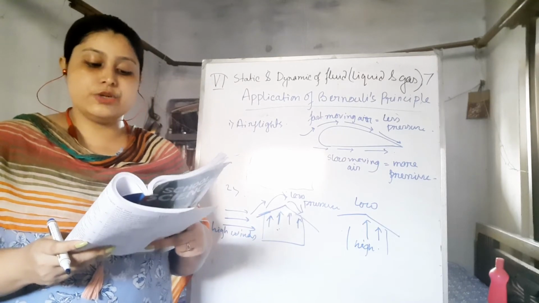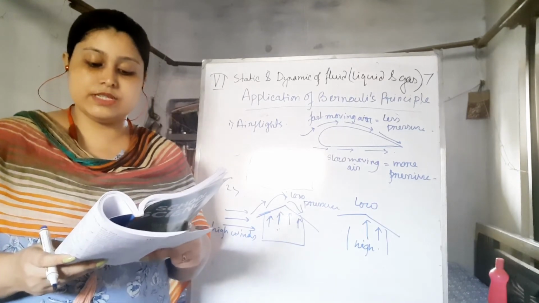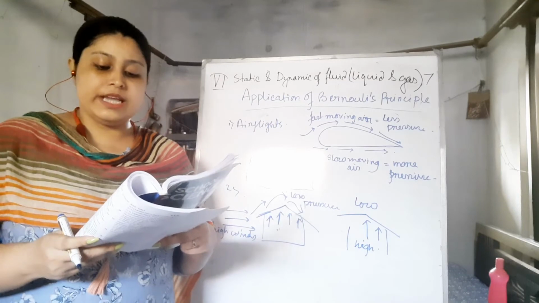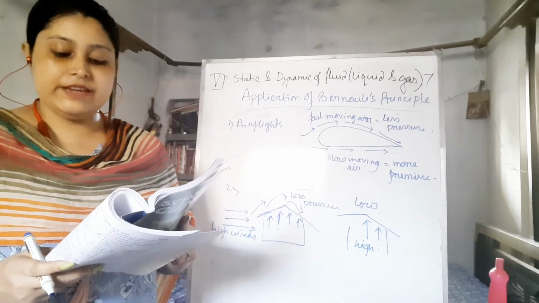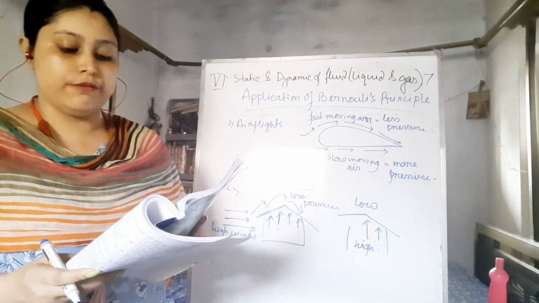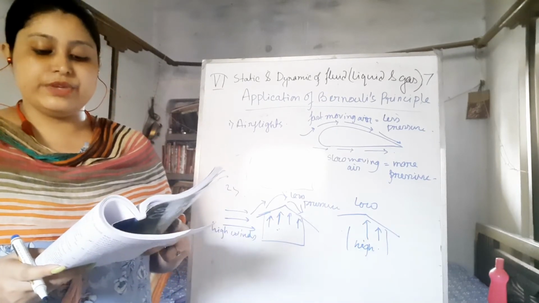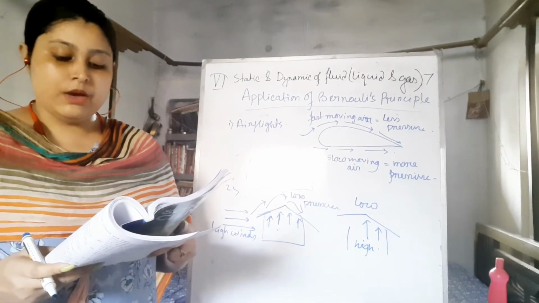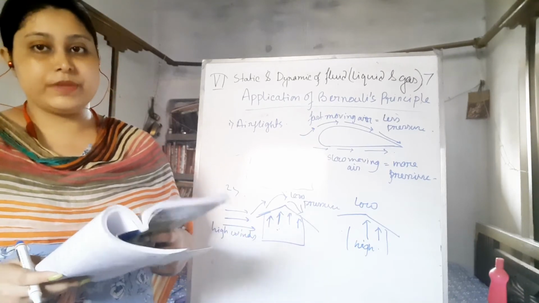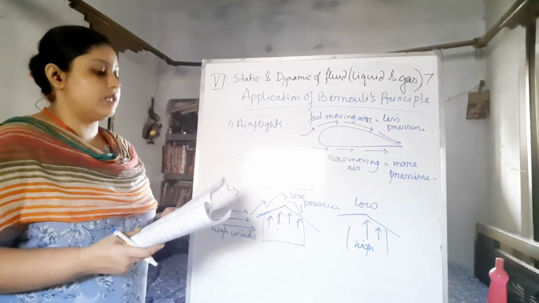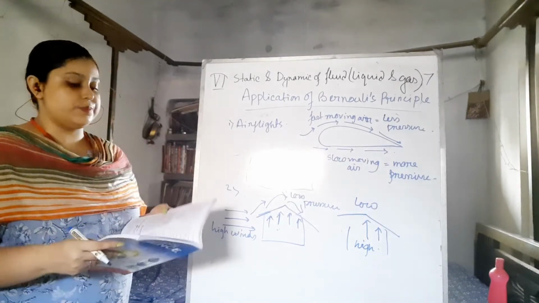So according to Bernoulli's theorem, the velocity of the water flow increases there. For that reason, if the area of the mouth of the water tap is reduced with the thumb, water from the tap falls with more speed. These are all applications of Bernoulli's principle.